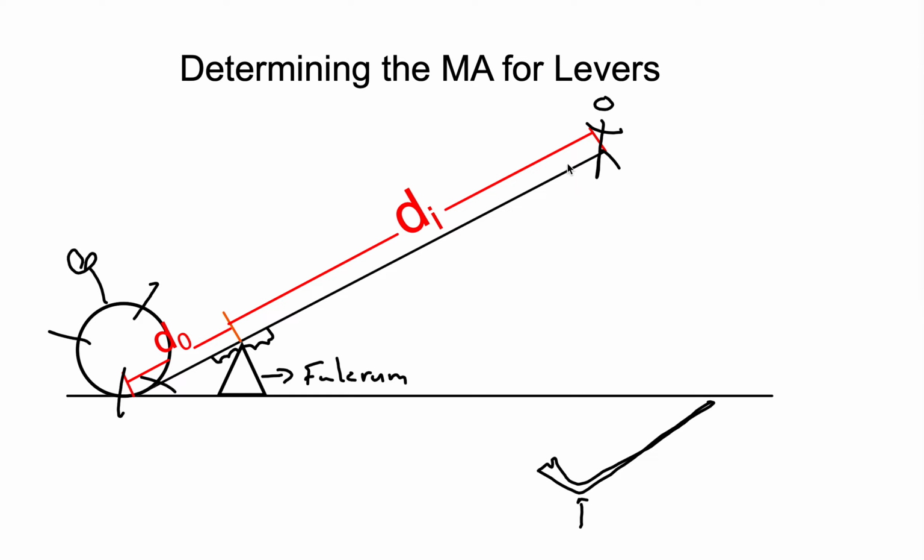And when the smaller person was on the other side, they would be on the longer end. Because if I have a bigger force, I want a smaller distance. If I have a smaller force, I want a bigger distance, right? So it was very cool to grow up with these teeter-totters, because you really understood leverage.